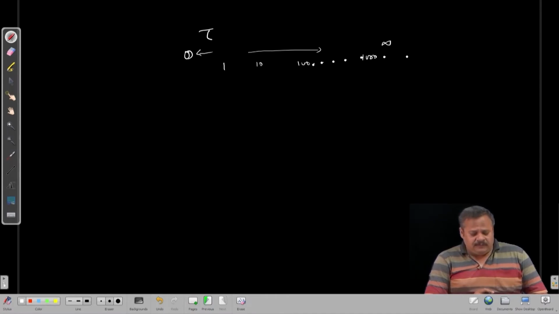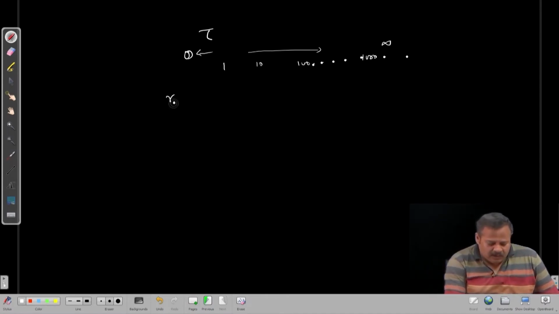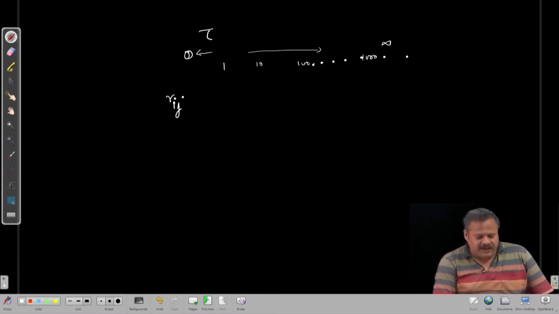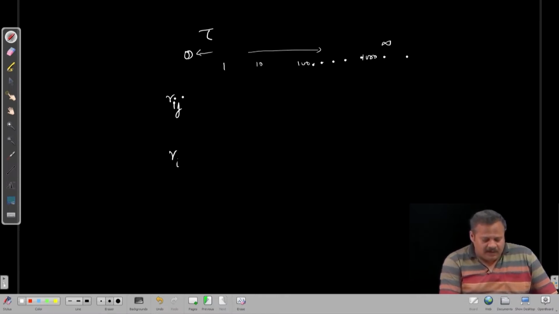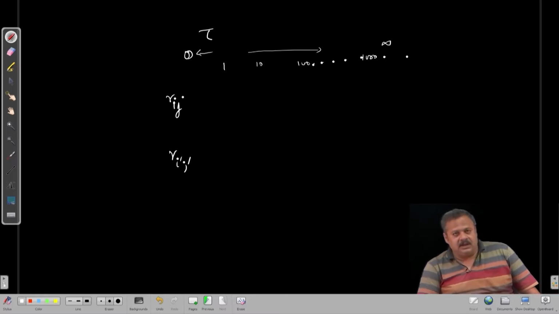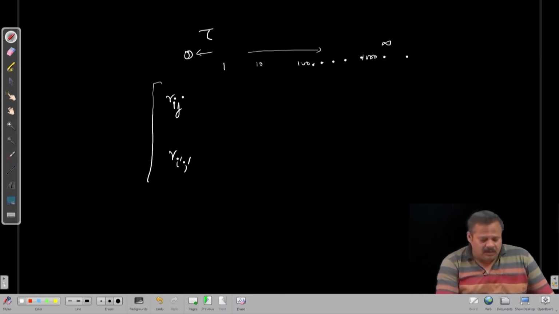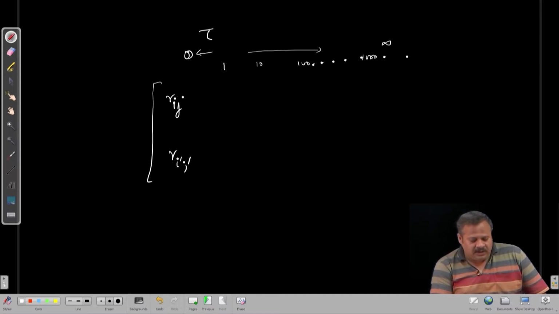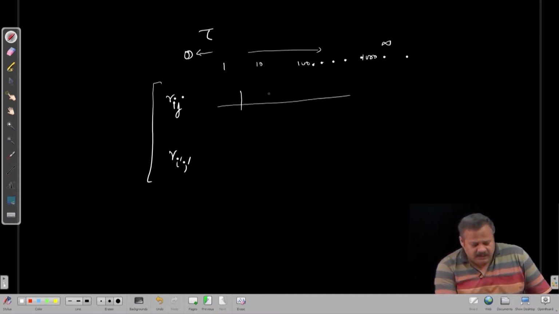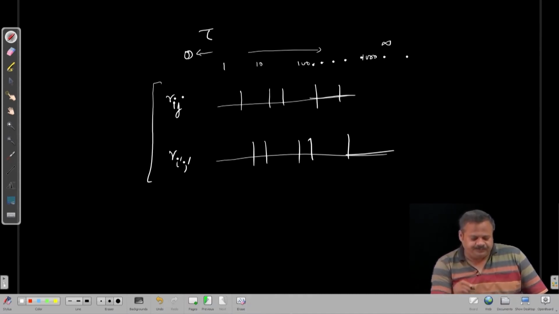Now if we have Rij as a spike train and Ri prime j prime as another spike train, keeping our original nomenclature. Let us say it is some spike train like this, and this one is another spike train that is like so.